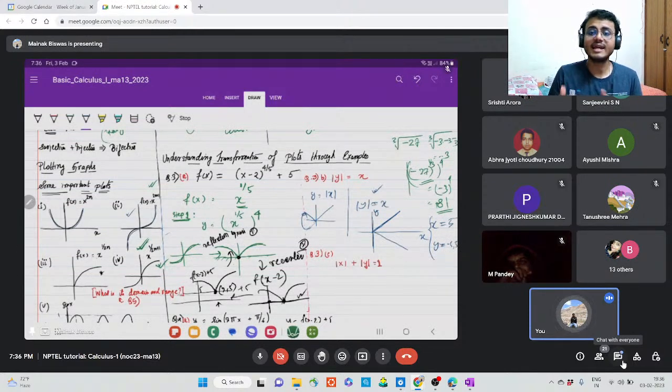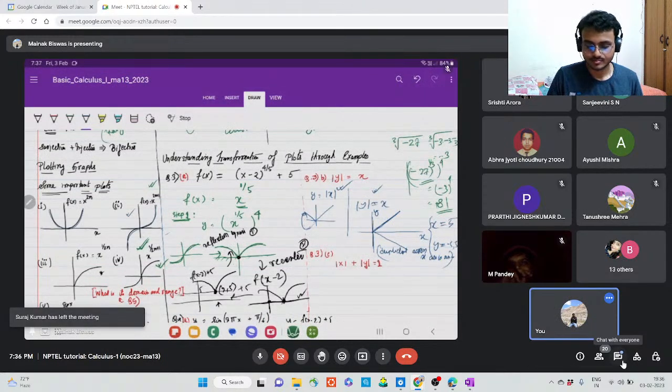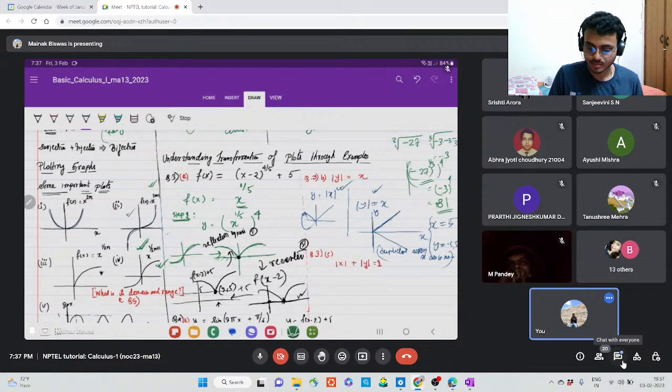So you duplicate your curve across the x-axis whenever you have mod across y or square across y. Similarly, you duplicate across the y-axis if you have mod across x, right? Yes, sir. Is this a function?